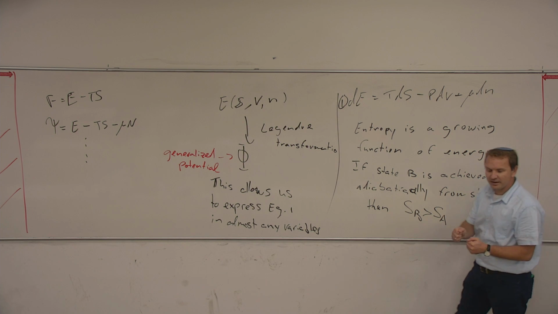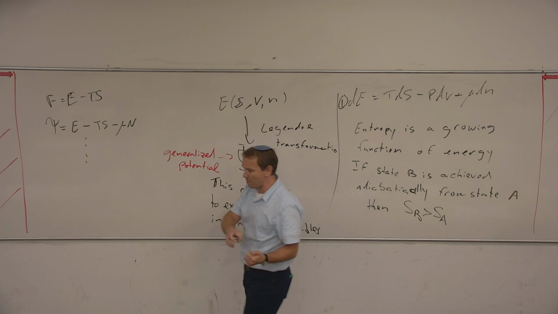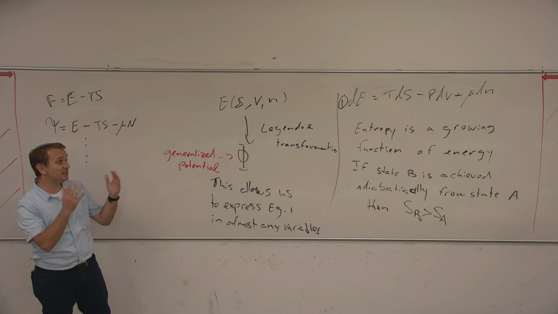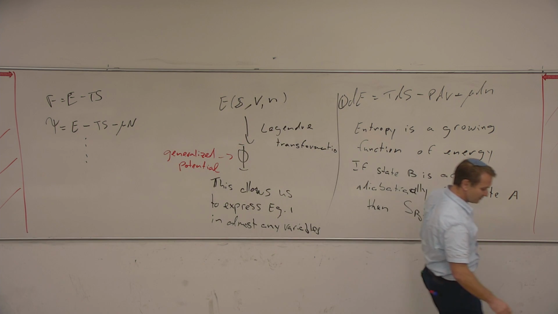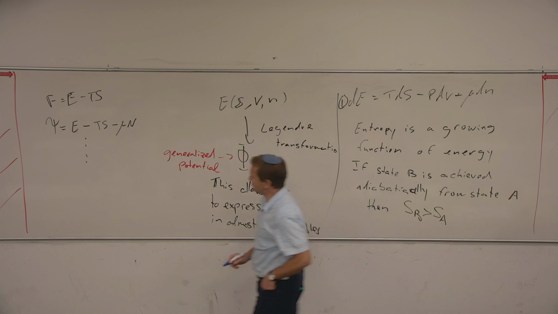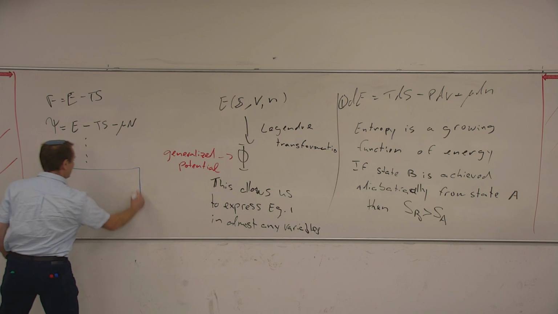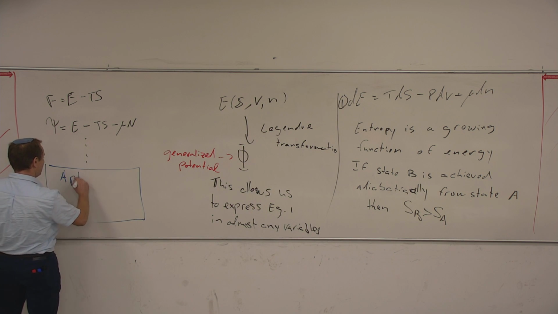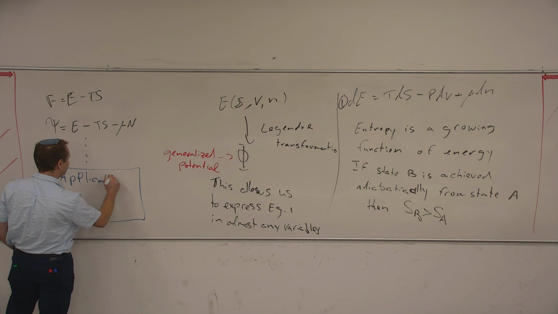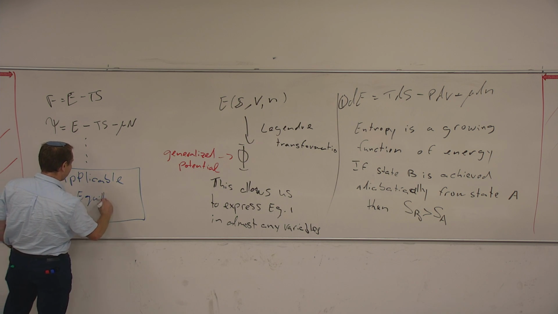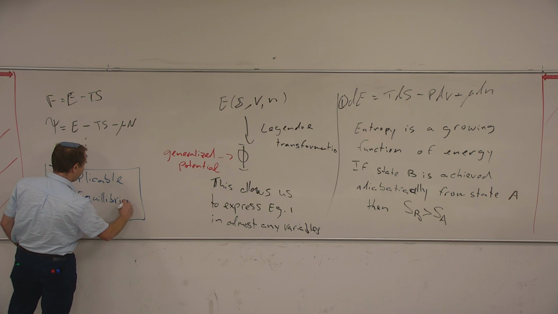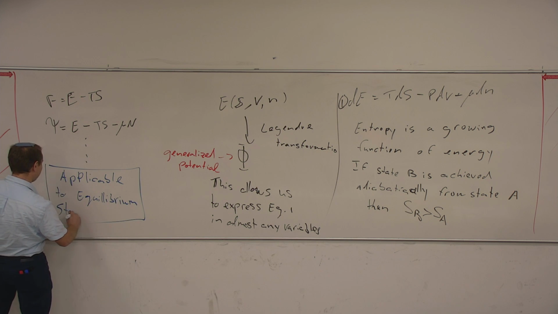I heat a little bit, I transfer some mass from one place to another, and I ask how the equilibrium state changes. Just a reminder, all of this is applicable to equilibrium states only.